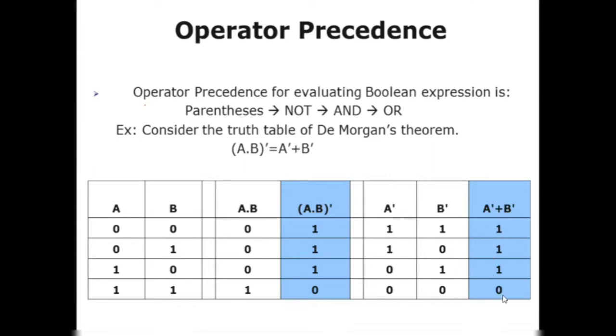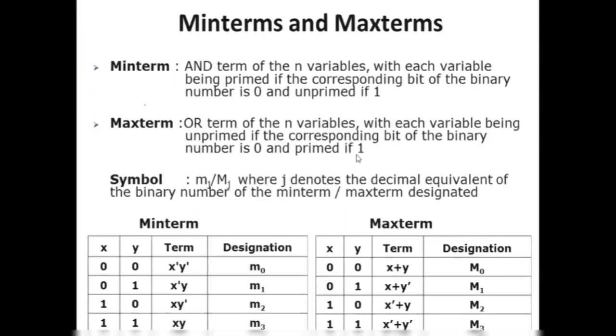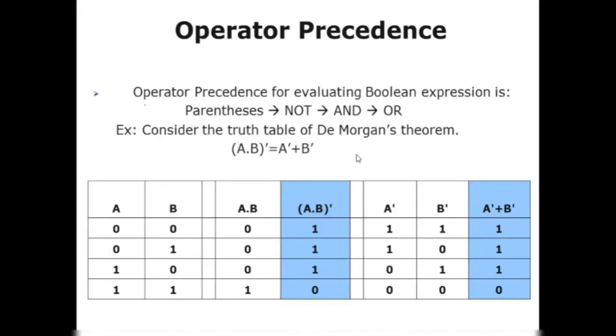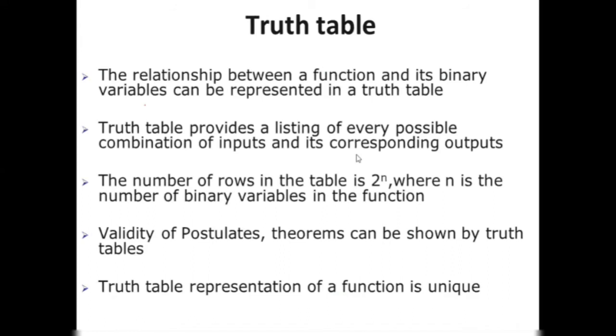Then you will get at the end the same results, showing you that the left hand side equals the right hand side. So that's one way of proving some Boolean algebraic equations. So that's about truth tables.